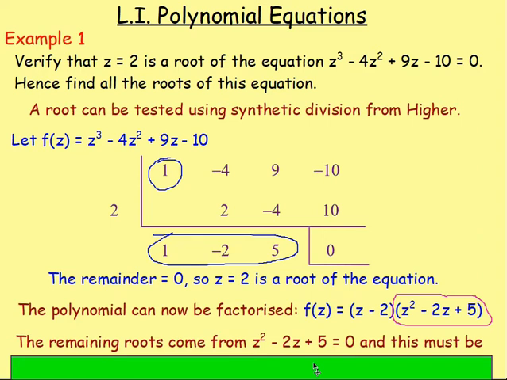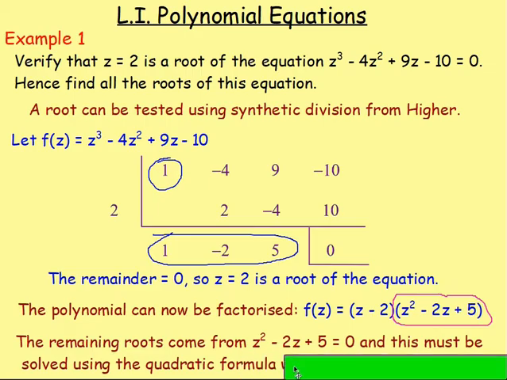I don't know. Because we can't factorise that. And if we can't factorise it, what would we have to use? You would have to use the quadratic formula. And with your quadratic formula, you want to take the coefficients of your z squared and z and this number on the end, and they would be the values of a, b, and c.